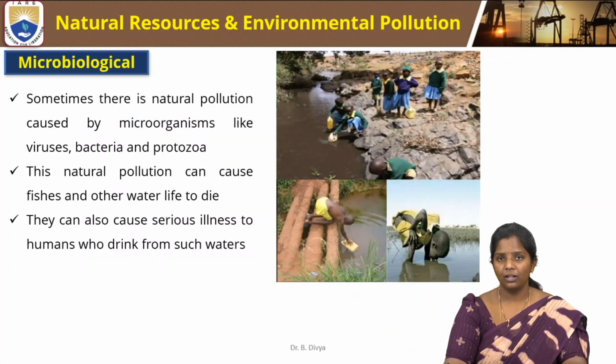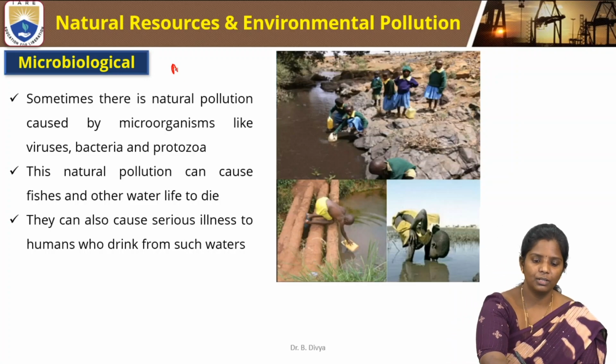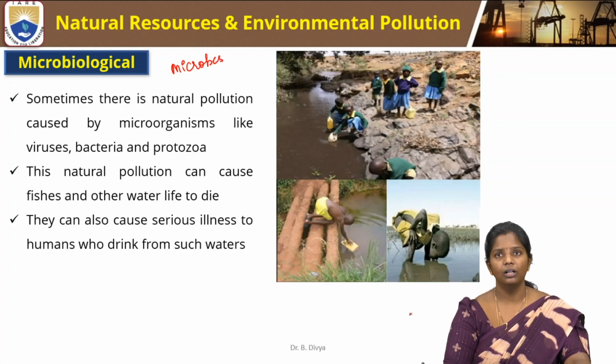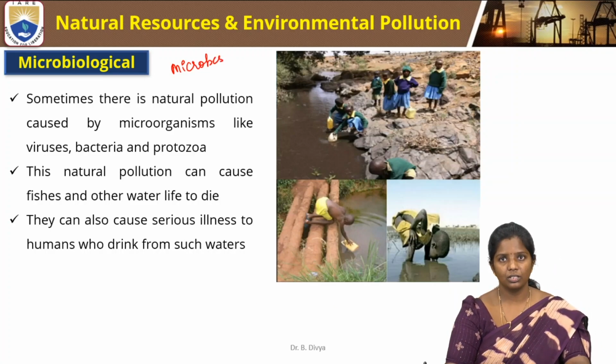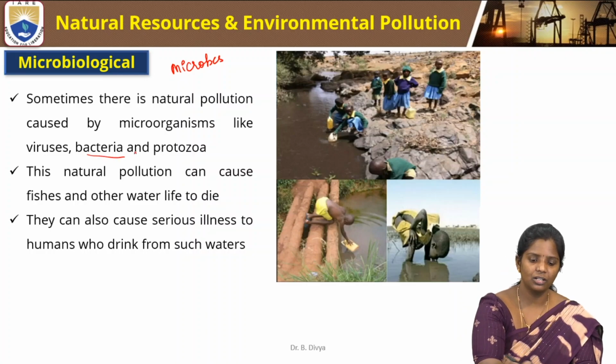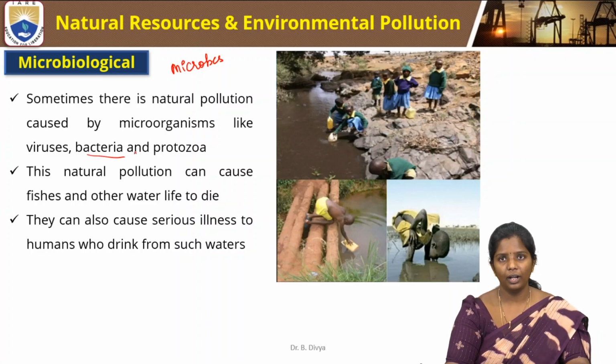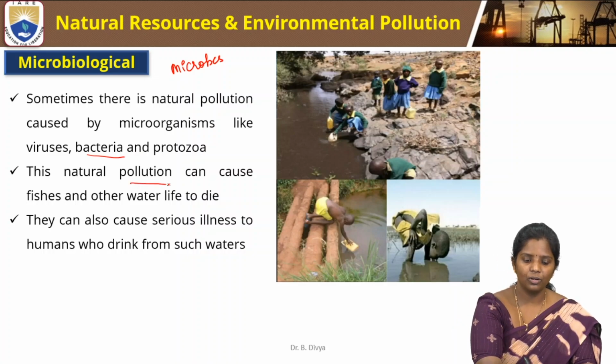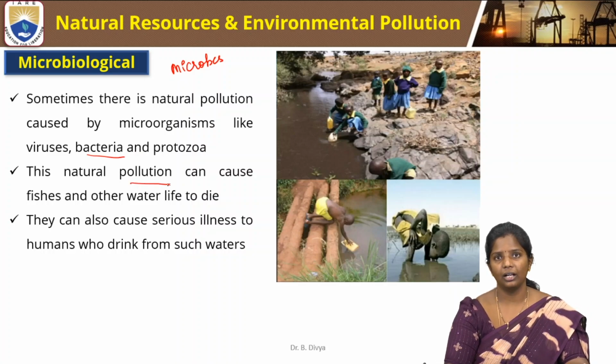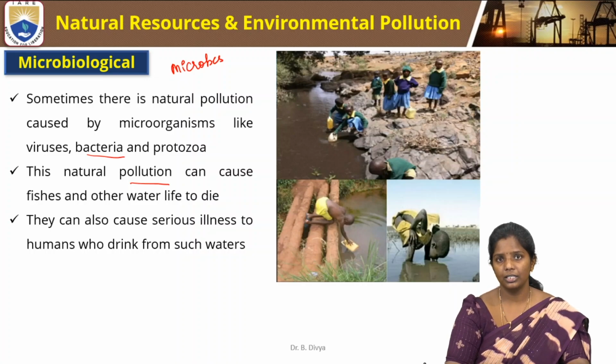Next is microbiological pollution. How does this happen? Microbes play a major role here. There is always a natural pollution also happening due to microbes like viruses, bacteria and protozoa that grow and cause pollution to the water present. This natural pollution can cause fishes and other water organisms to die.